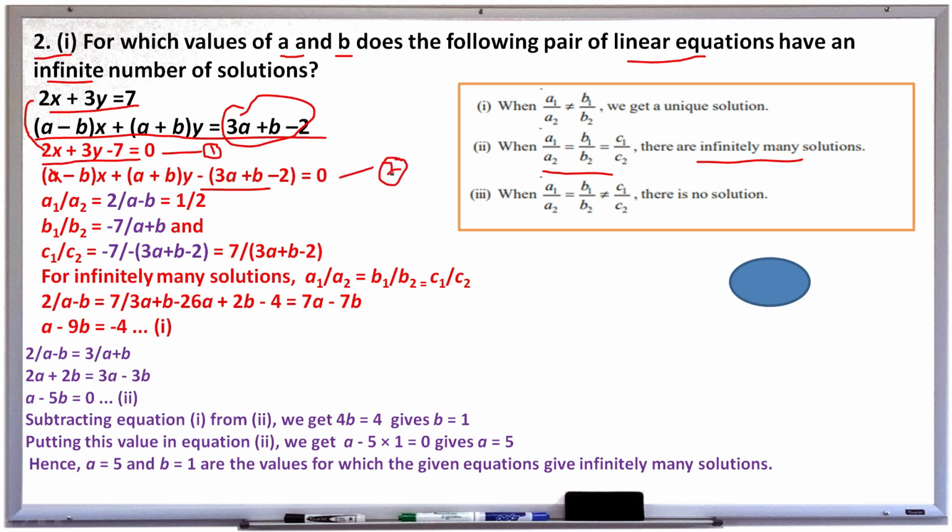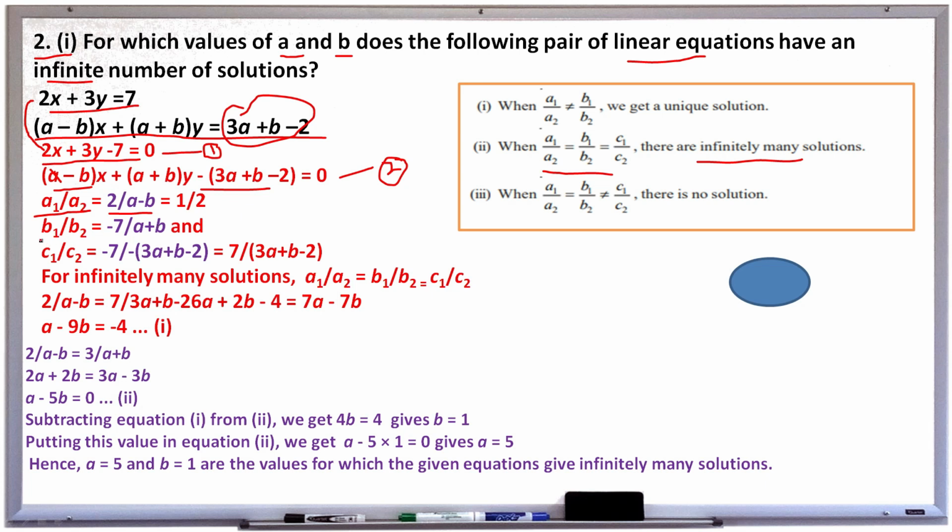Now we are going to find a1 by a2. From the first equation, a1 by a2, you will be getting 2 by a minus b. This is the coefficient of x. So 2 by a minus b, which is equal to 1 by 2.